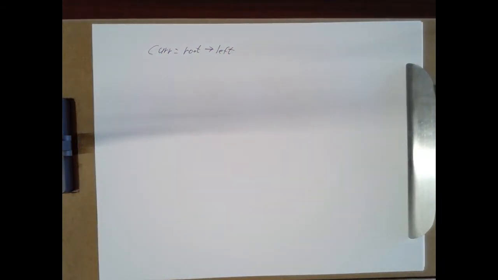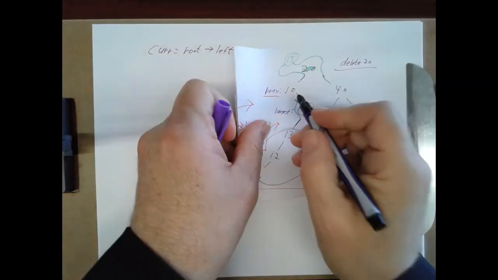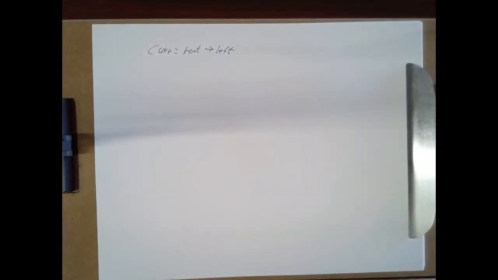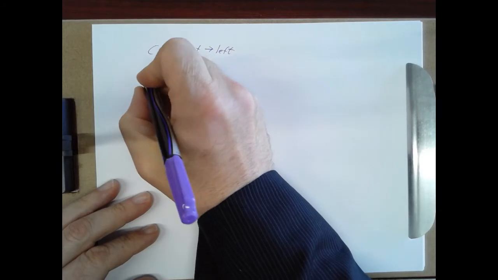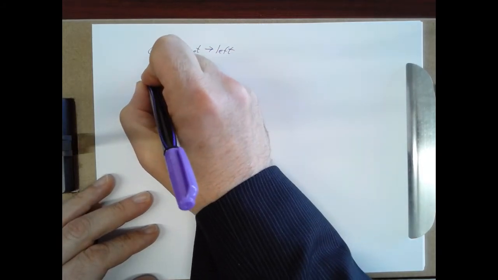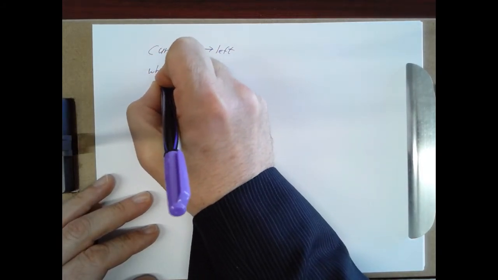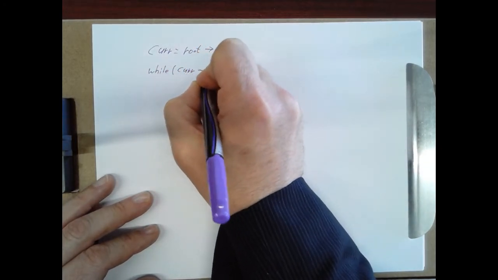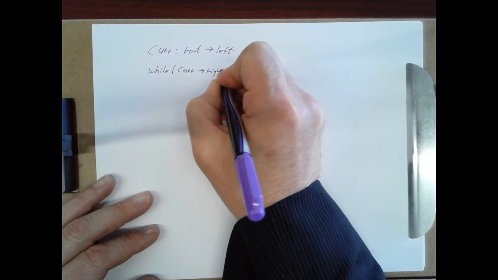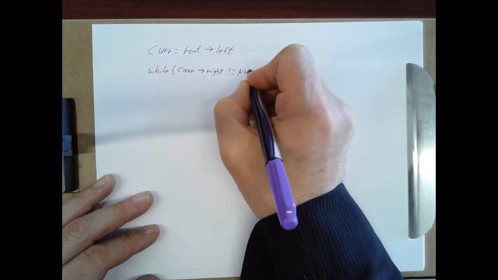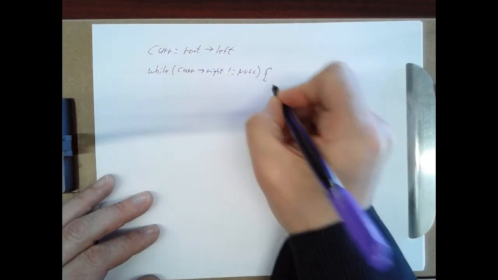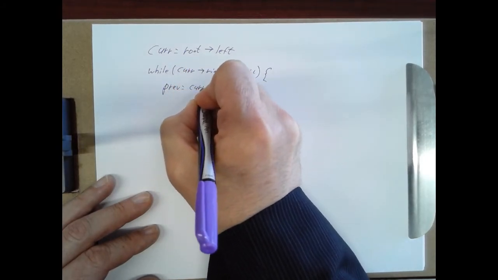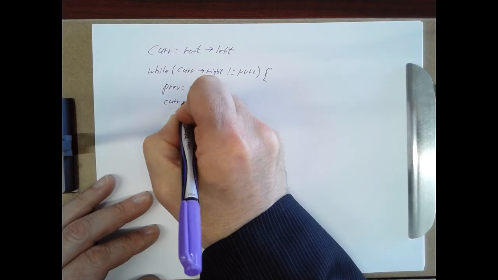So that gets us into our initial left subtree, which would be this 10. And then while current right is not null, let's set previous equal to current and current equal to current right.